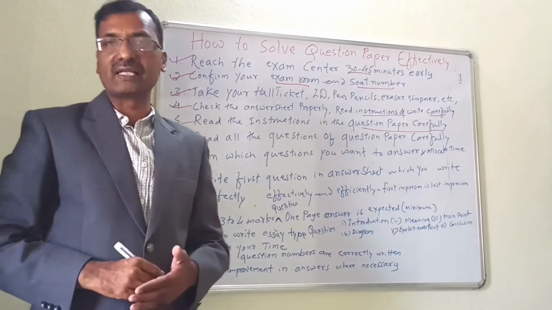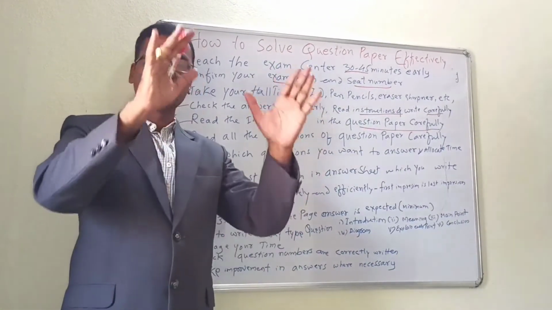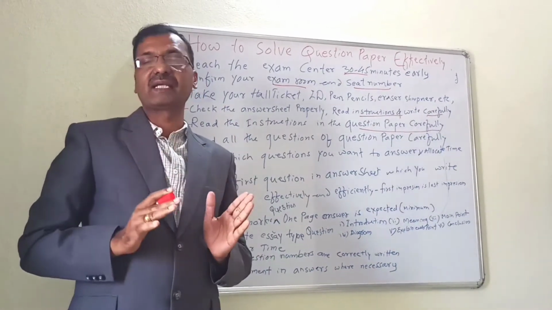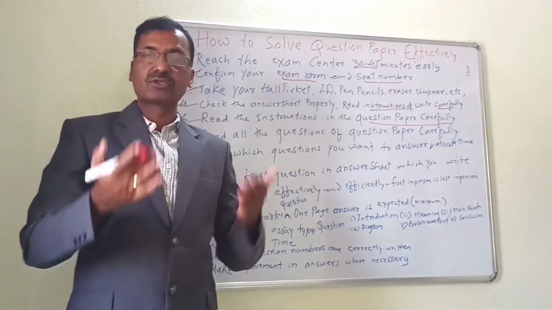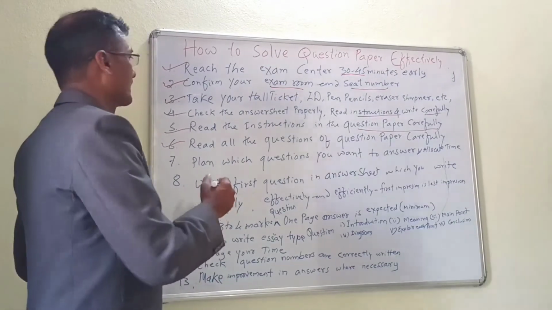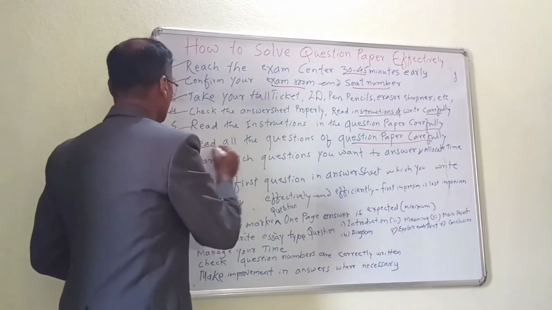You should not do like that. You can keep calm, read the instructions, read all the questions, and plan in your mind which questions you want to attempt, so that it is helpful for you to get a good number of marks. So read the question paper carefully.